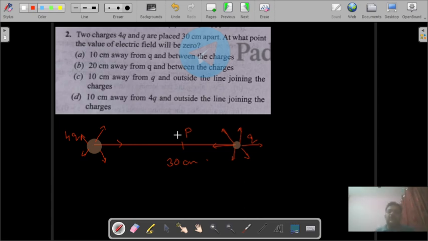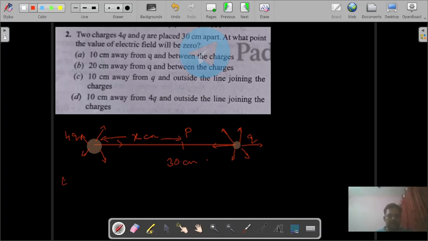So we try to find this point. Suppose this point is situated at a distance x centimeter from the charge 4q. We find the net electric field at this point due to the individual charges and add them to get 0.